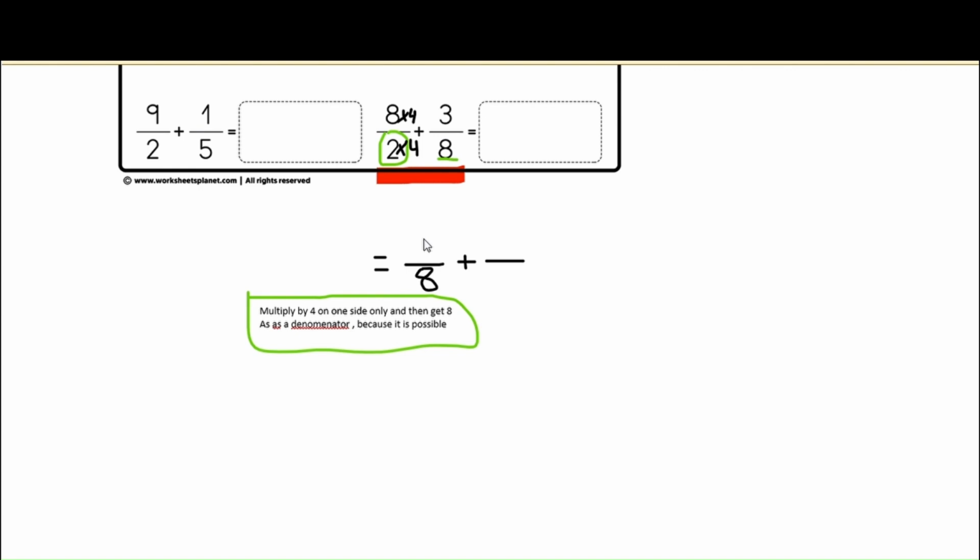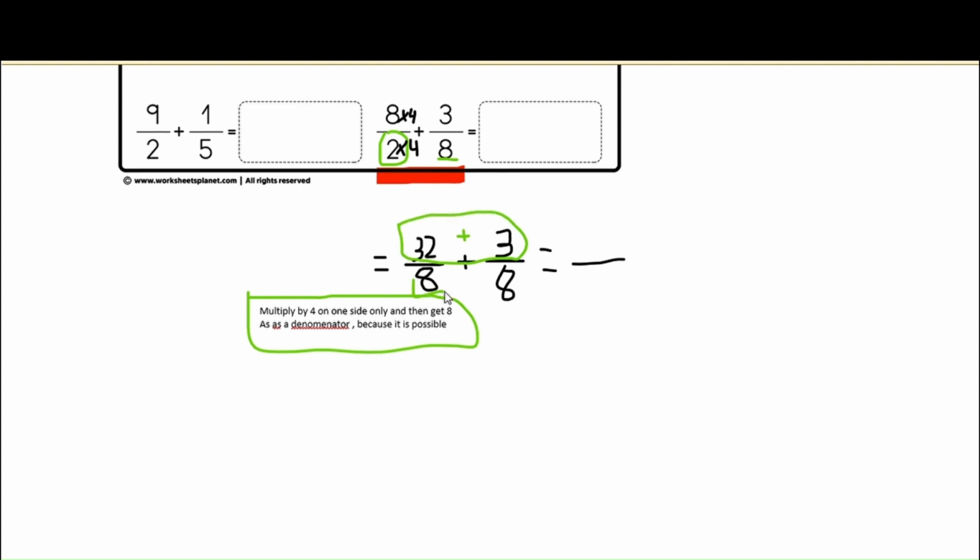So 8 times 4, that would be 8. Do you see that? We get 8 one time. And 8 times 4, that would be 32. And here on the other side, we just write the numbers as is. 3 over 8.